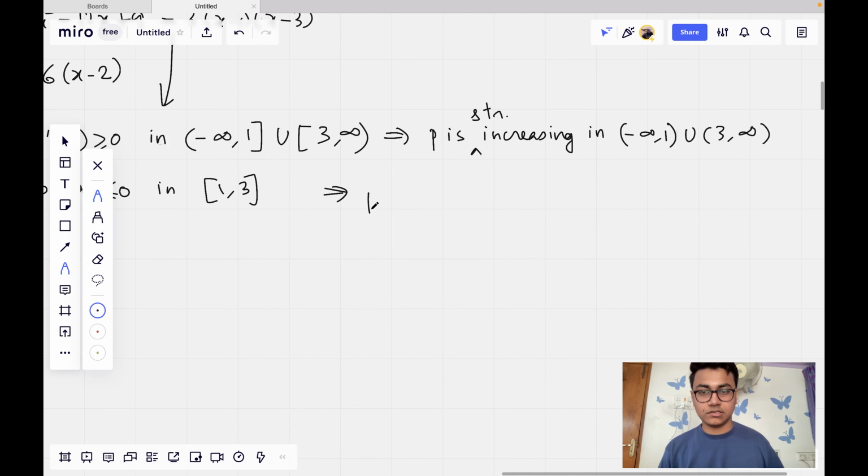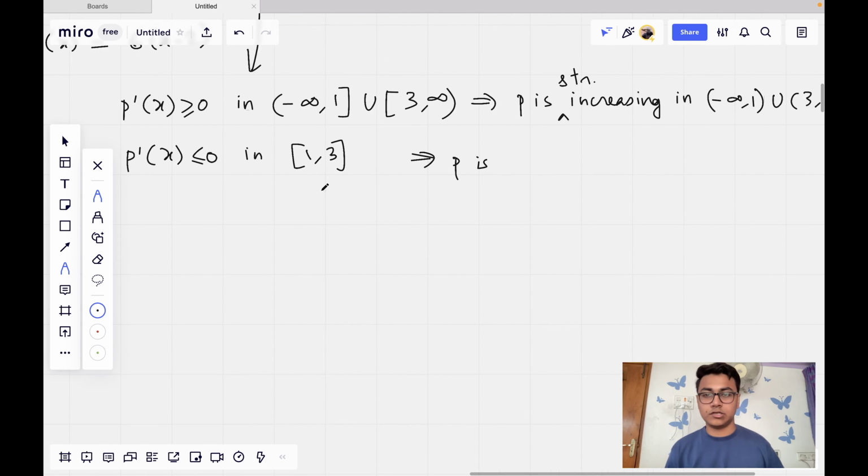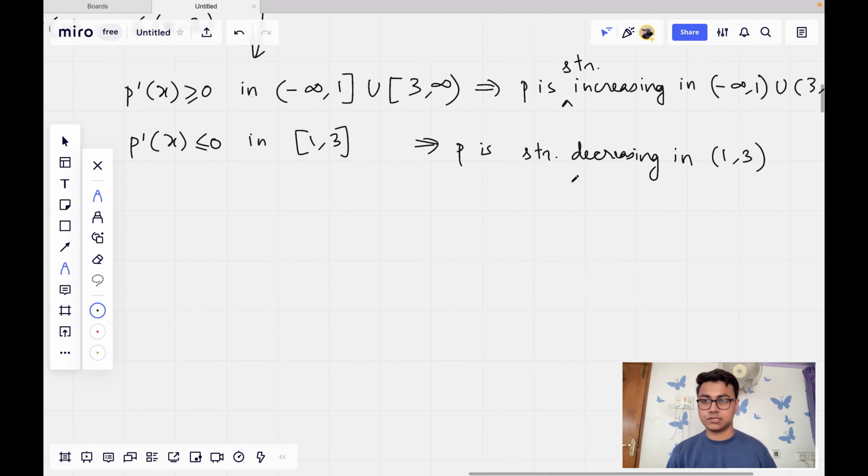And in the second case, where P dash x is less than or equal to 0, P is strictly decreasing in this open interval. Again, I will not include the points 1 and 3, because strictly increasing and strictly decreasing are more comfortable conditions.